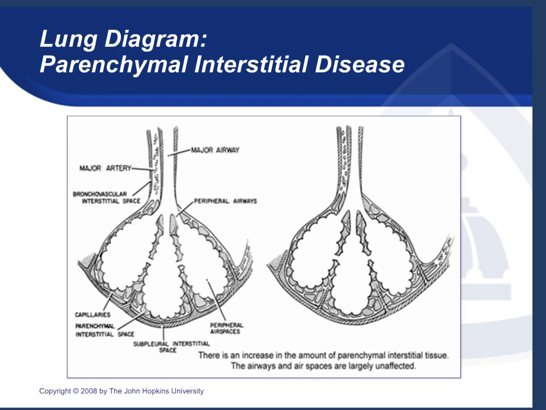Again, this is the cartoon showing the airway, air spaces, pores, interstitial space here. And what we see is in an interstitial process, this parenchyma, this interstitium, gets thickened. Okay, and there are many, many things that can cause this. Hundreds of things.